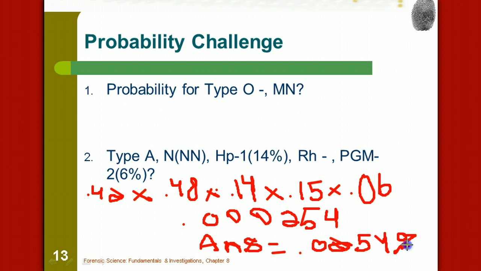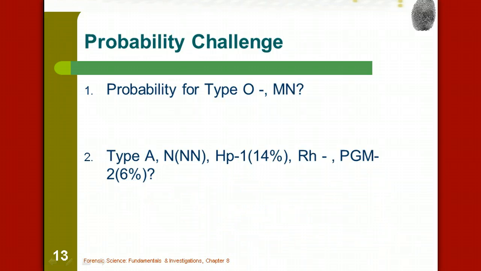Now, when you think about the answers for those, which one would you want to have in a court of law? Because if you think about it, I would rather see the lower number, the lower percentage. That means it's less likely for someone to have committed the crime.